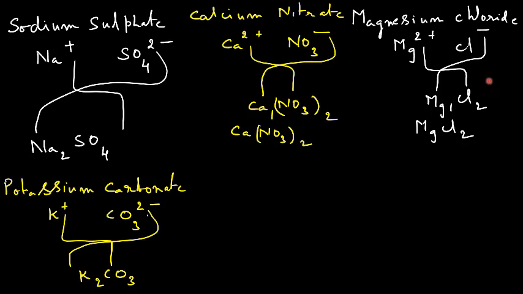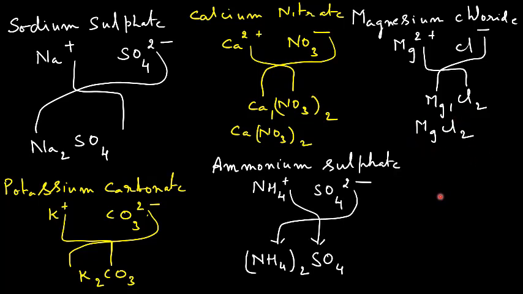Why is it so? The chloride radical has only one atom, that is, an atom of one type of element, whereas the nitrate radical has atoms of 2 different elements. Since 2 different elements are there, the bracket should be kept. Here the bracket is not necessary. Therefore, finally the magnesium chloride formula is MgCl2. The 1 is not necessary to write.